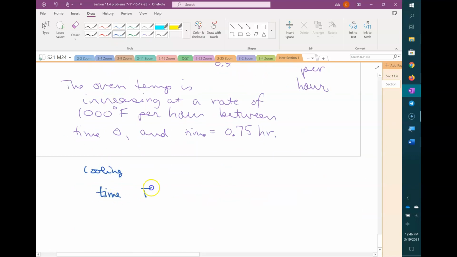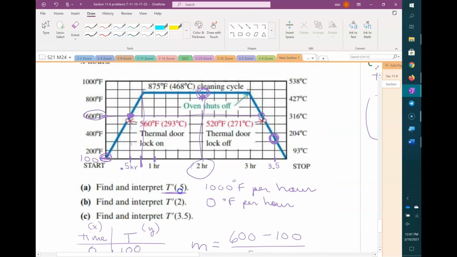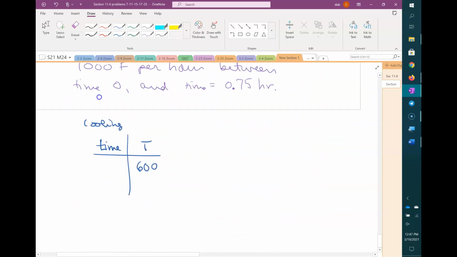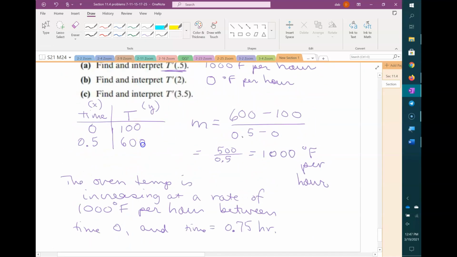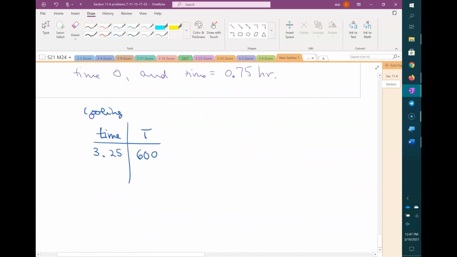Time and temperature. So the temperature is 600 when the time is 3.25 hours. And the temperature is down to 100 at 3.75 hours.